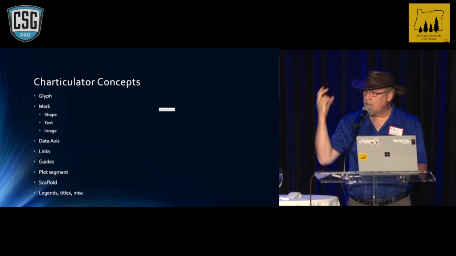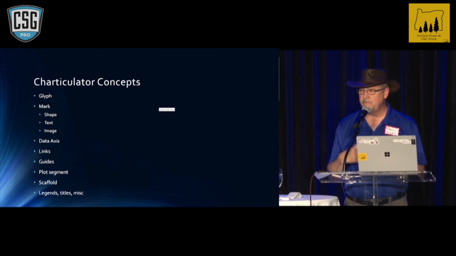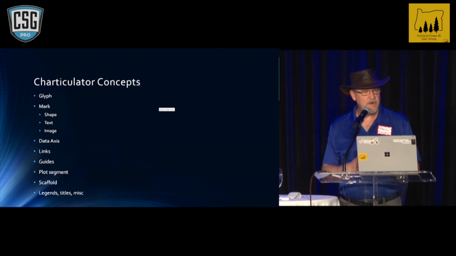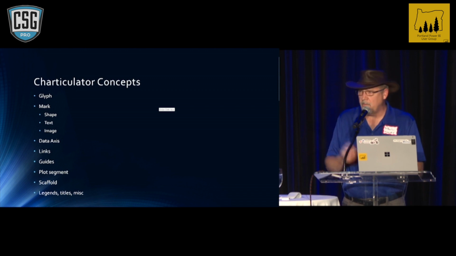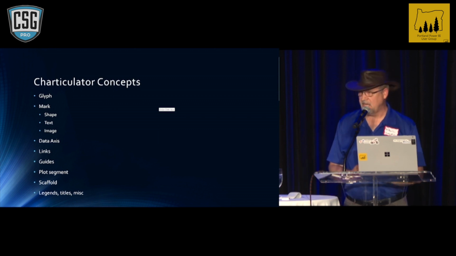So we have the concept of a glyph, and the glyph is either a shape or an object or a collection of shapes or objects that you're going to bind to data, and you will manipulate sizes, colors, and other attributes of that shape or mark, what we call marks. Could be text, could be a graphic, it could just be a rectangle or an oval, or a collection of these things that we bind to data and then change sizes, shapes, colors, etc.